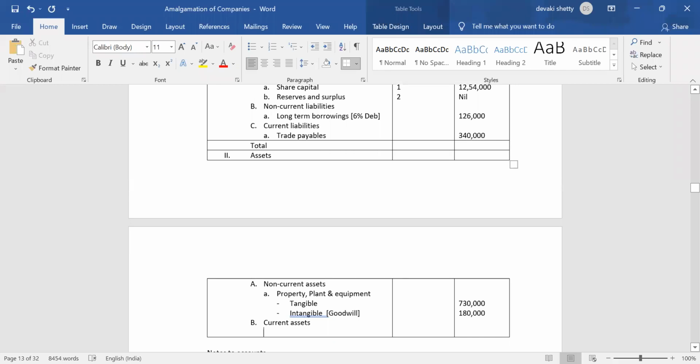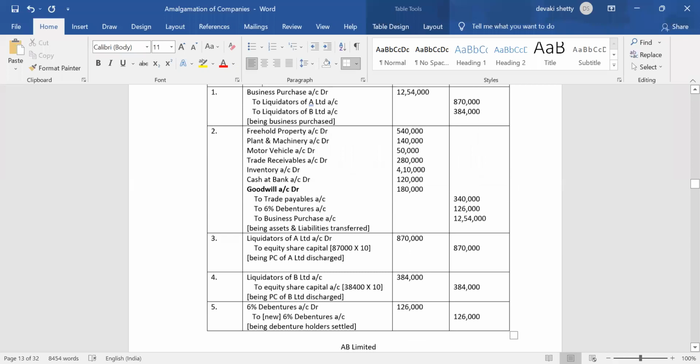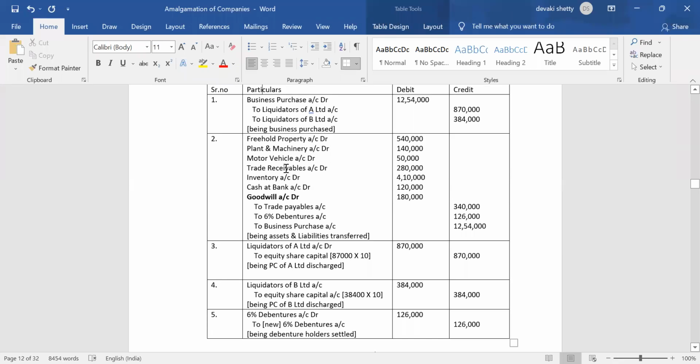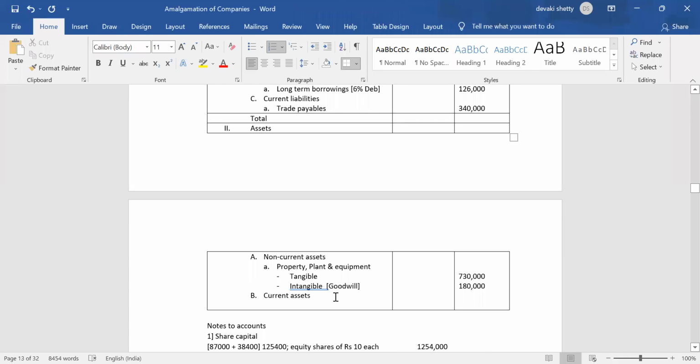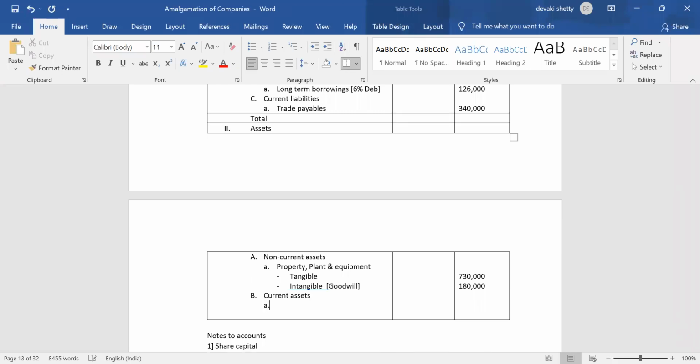Current asset में we have, let us see what we have. We have inventory, trade receivable, cash and cash equivalent. Inventory 4,10,000, trade receivable 2,80,000, cash 1,20,000. So let us write. Inventory, stock को inventories we say, and trade debtor, this is given like this only.